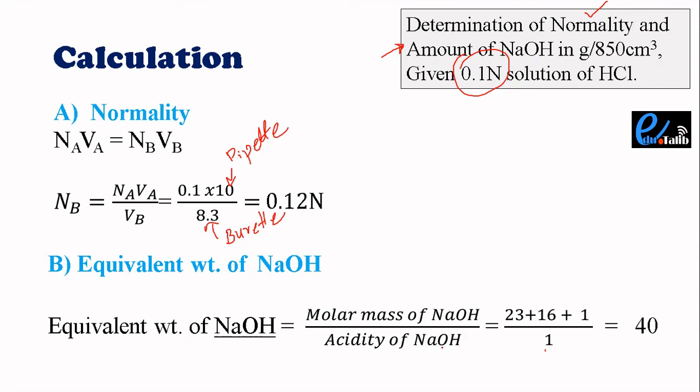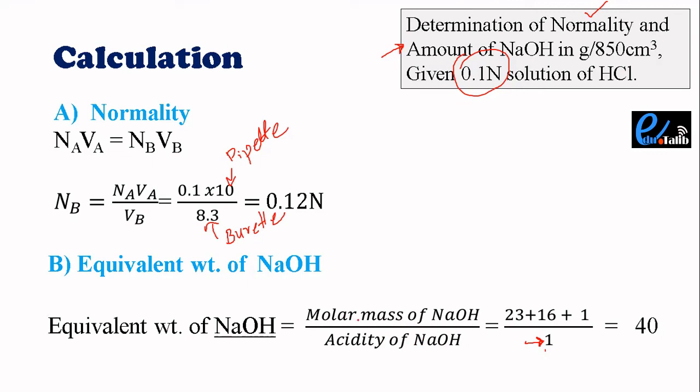So the acidity of NaOH, what does this mean? I will explain this later in another lecture. But in this case, you have to remember that when the acid is HCl and the base is NaOH, the acidity of NaOH would be 1. In most cases, the acidity of a base or the basicity of an acid would be 1, but I'll explain this in detail in upcoming lectures.